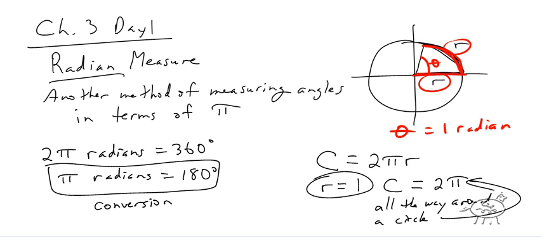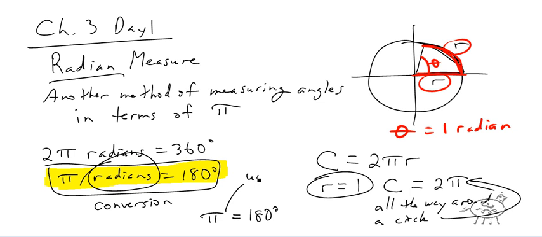I'm going to even highlight that, because this is actually the most important part of this chapter: converting between degrees and radians. Making sure you know how to do that. Usually, I know I have the word radians here, but usually we just say pi is equal to 180 degrees. Radians is usually unitless. You don't say radians.